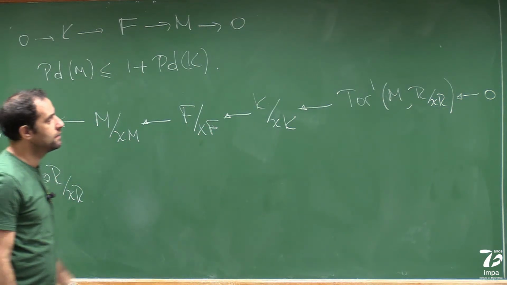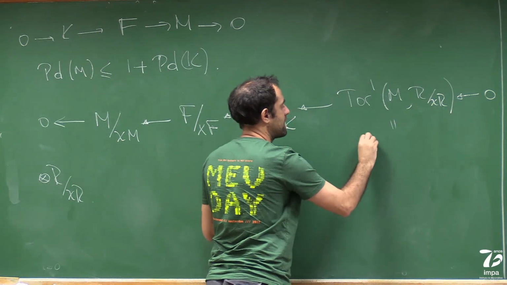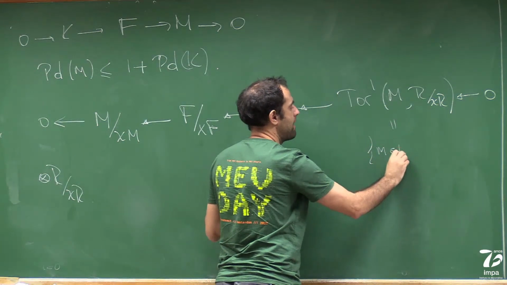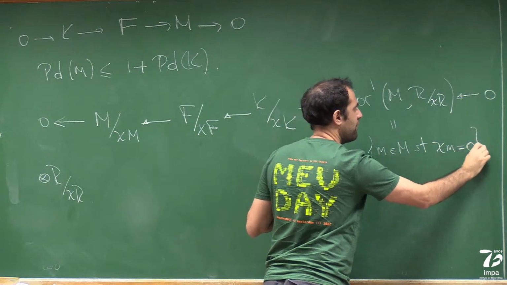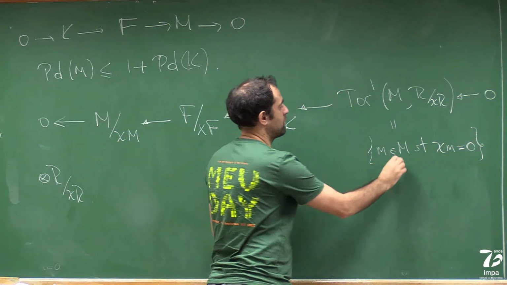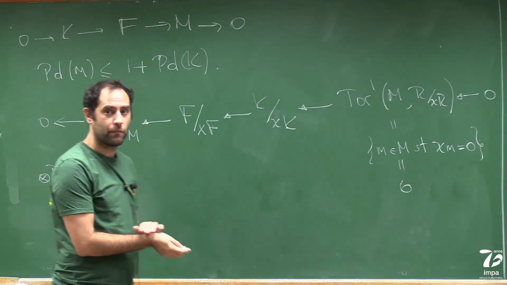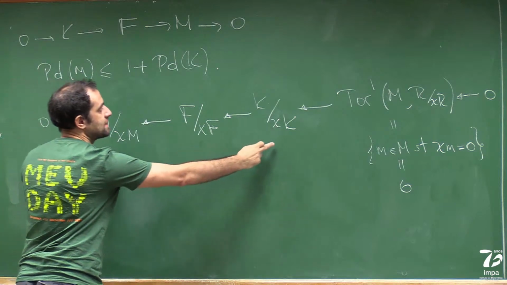So now again, this was the set of elements m in M such that xm is equal to 0. And we are assuming that this Tor1 is 0. So this sequence is exact.